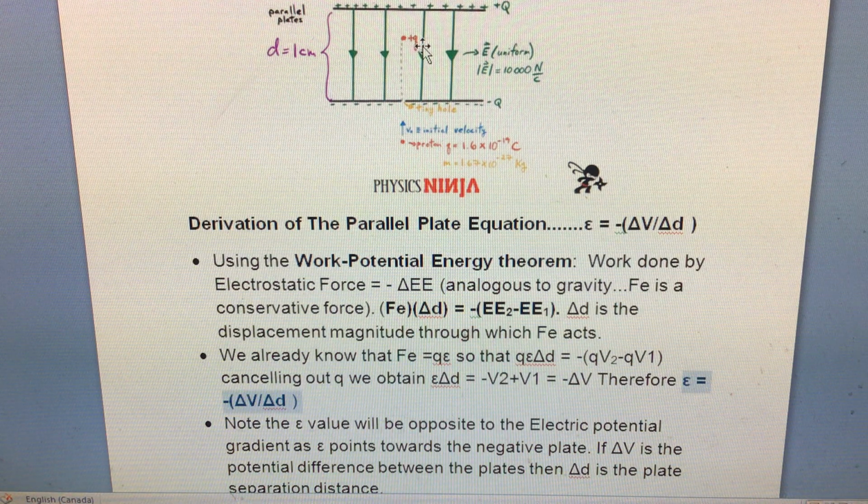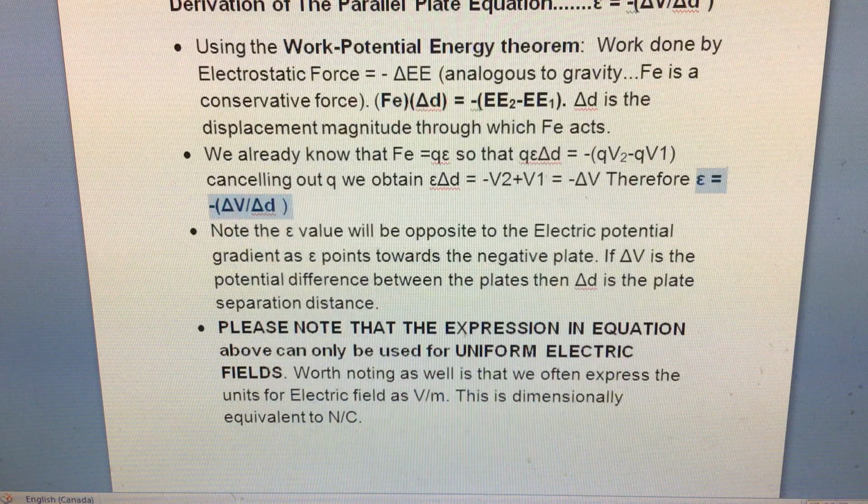If you've got just a single charge and I ask you what the electric field is at a certain distance from it, you cannot use this equation, because the electric field drops off with distance from a single source charge. You'd have to use the older equation we derived, E is equal to K Q, Q being the source charge, divided by R squared. And just remember that delta V, of course, is your potential gradient.